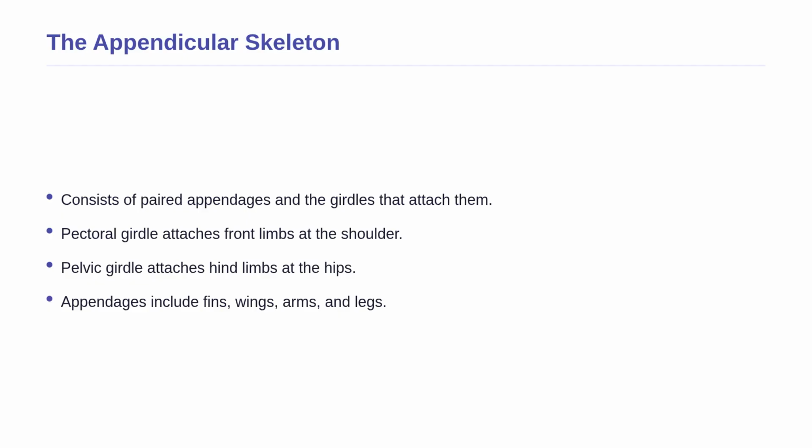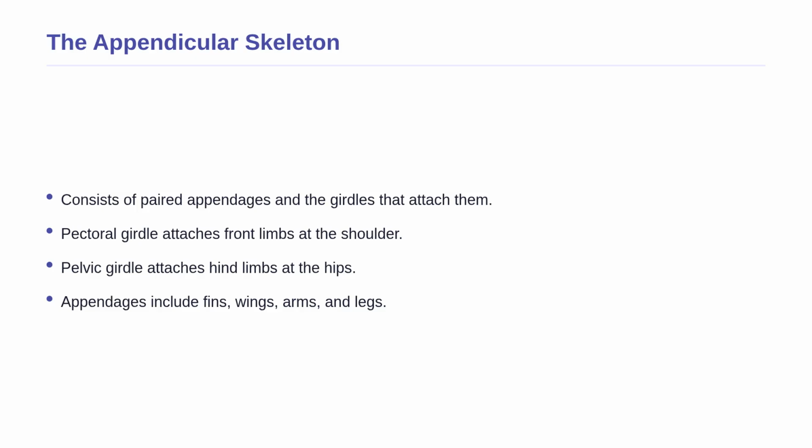With the central pillar understood, we must now ask, how does the animal interact with its environment? A central steel core is great for standing tall, but it cannot walk across the street. This is where the appendicular skeleton comes into play. It consists of the bones of the paired appendages and the girdles that attach them to the axial skeleton.